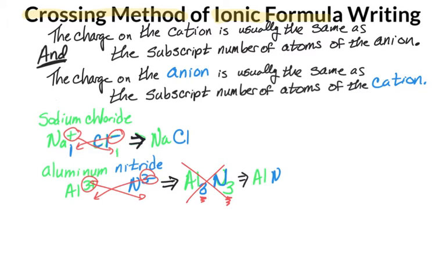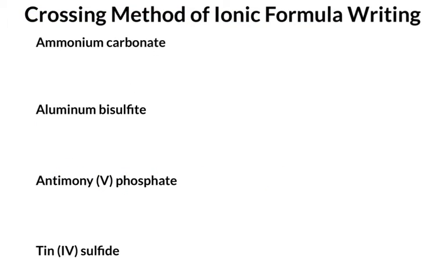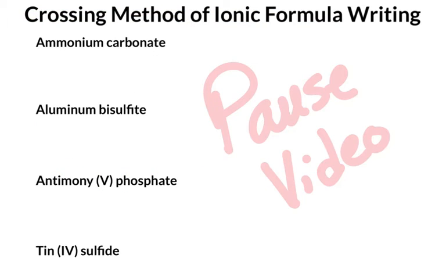And we get our answer of Sn subscript 2, S subscript 4. Did you notice that these have a multiple of 2? Hopefully you did, and you corrected the formula to SnS2. Let's try the rest of these. Go ahead and pause the video while you try them.